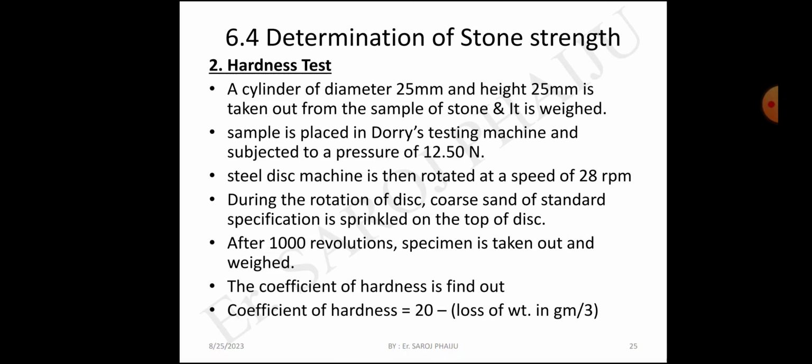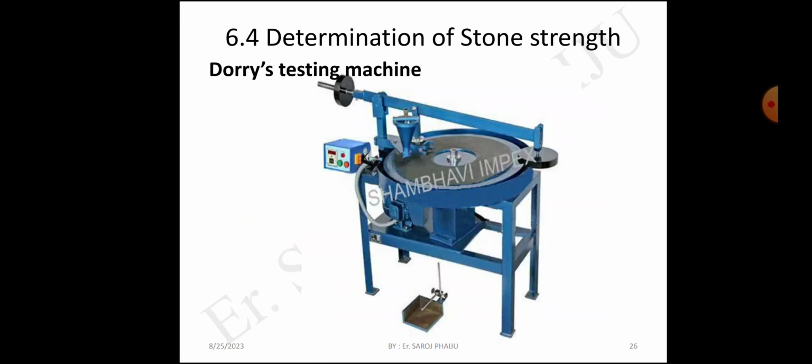During the rotation of the discs, coarse sand of standard specification is sprinkled on top of the discs. After 1000 revolutions, the specimen is taken out and weighed. The coefficient of hardness is found out. Coefficient of hardness equals 20 minus loss of weight in gram per gram cube. Dorry's testing machine.